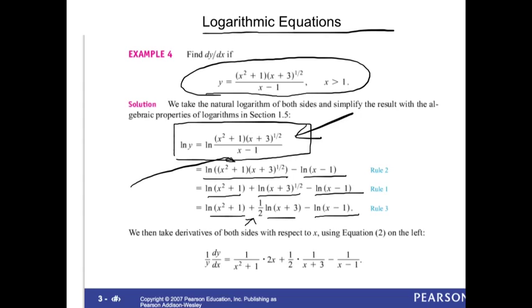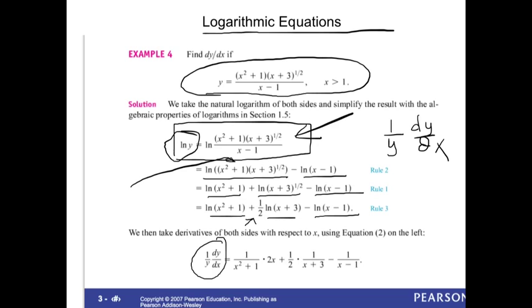If we take the derivatives of both sides, we'll then take the derivative of ln of y, which is just going to be 1 over y times dy dx, the chain rule. So the derivative of the left-hand side is what I circle here.